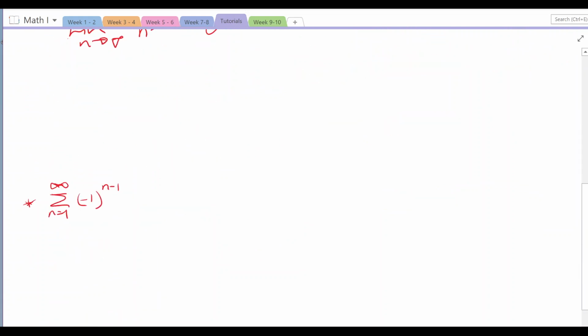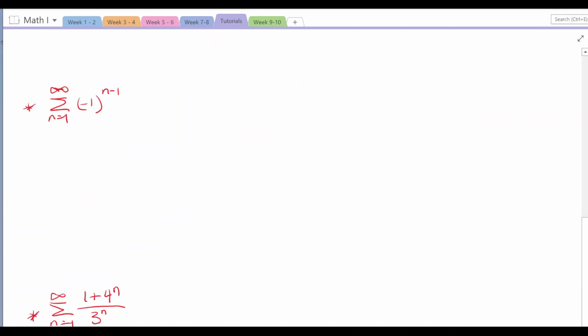Let's see another example. Okay, the series of -1 raised to the power of n minus 1. This is a sign of an alternating series: plus, minus, plus, minus, and so on. And therefore the limit does not exist.